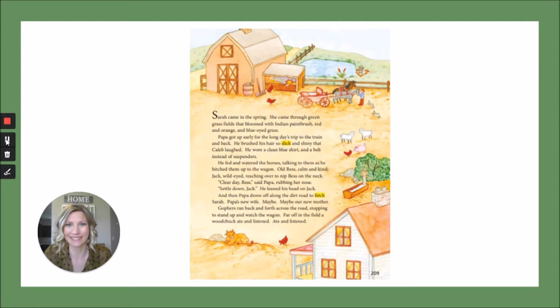Jack, wild-eyed, reaching over to nip Bess on the neck. "Clear day, Bess," said Papa, rubbing her nose. "Settle down, Jack." He leaned his head on Jack. And then Papa drove off along the dirt road to fetch Sarah, Papa's new wife. Maybe our new mother. Gophers ran back and forth across the road, stopping to stand up and watch the wagon. Far off in the field, a woodchuck ate and listened.